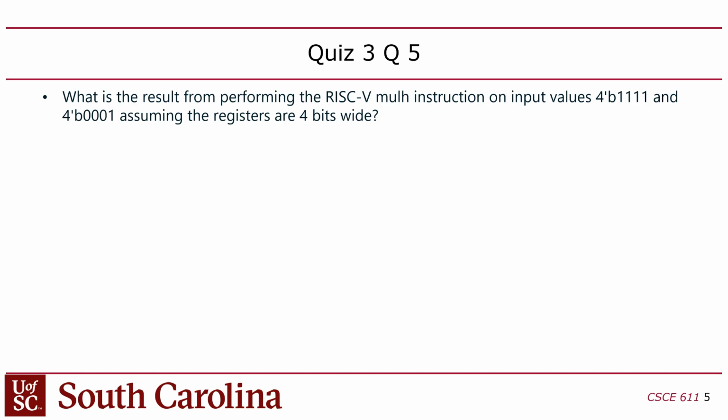And so if the number were 1111, that would represent a -1, if you remember from 211, 212. So we're multiplying -1 times 1, and the answer is -1. And the mulh gives you the upper 4 bits.